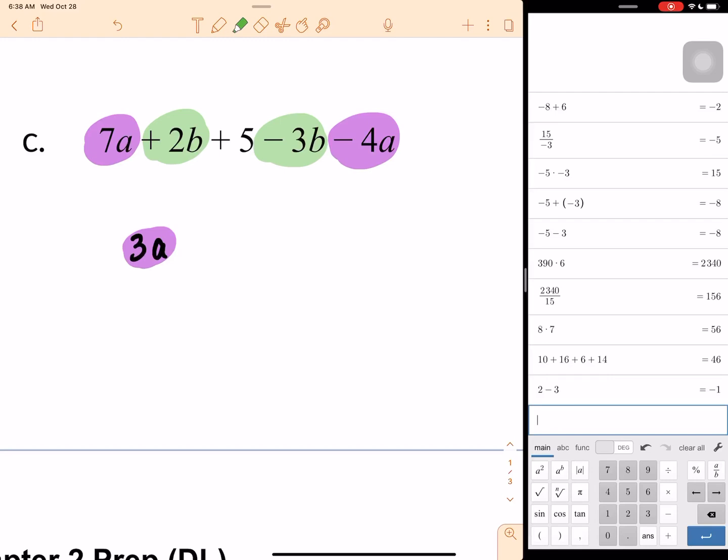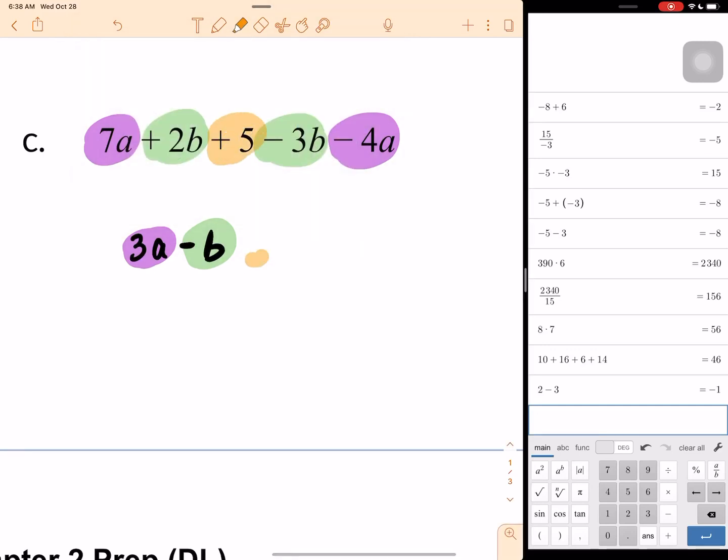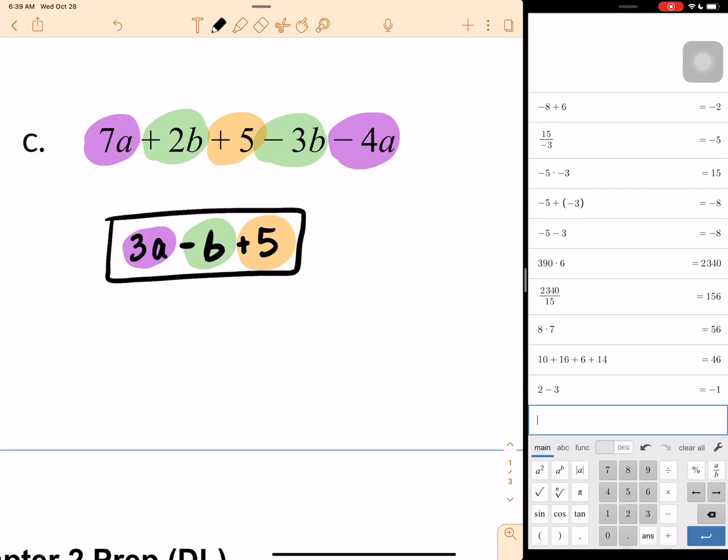You should get a negative 1. So you can either write it as negative 1b or just negative b. It's the same thing. And then we have the 5 all by itself here. Okay, so the plus 5. And that would be your simplified expression. That would be your final answer there.